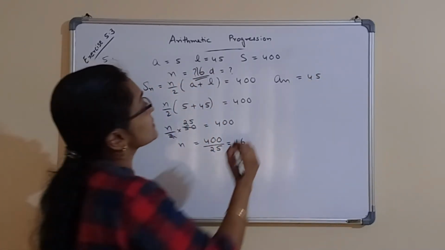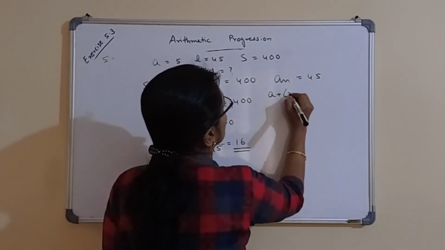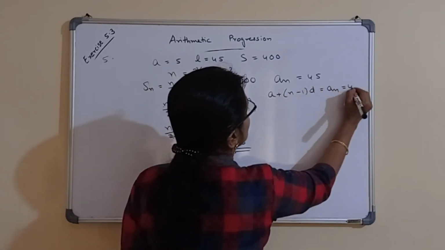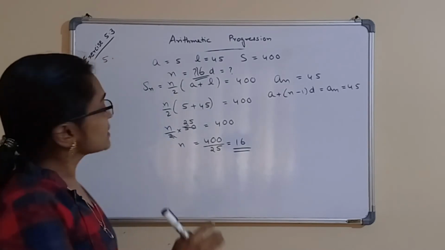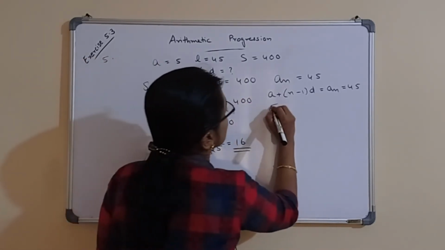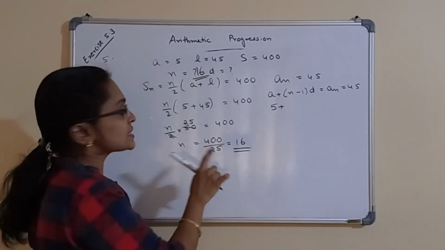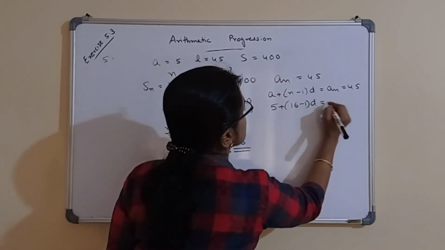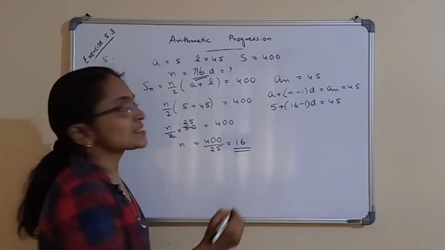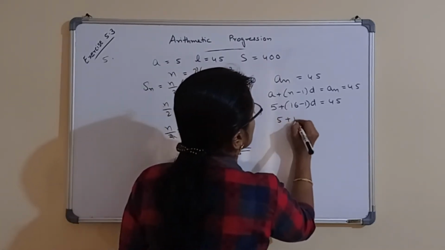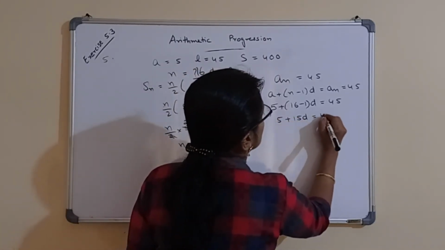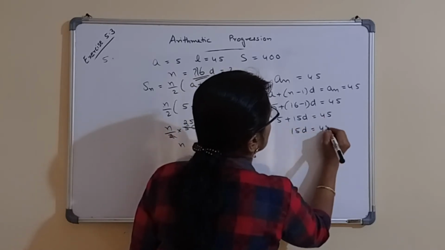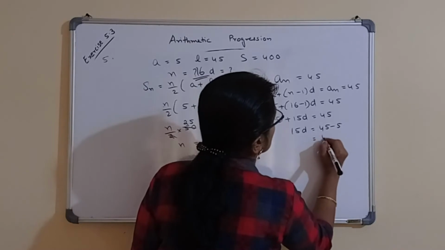And we know that a plus n minus 1 into d is an, which is equal to 45. Now we can substitute all these here. 5 plus, we got n also, which is 16, 16 minus 1 into d is equal to 45. So 5 plus 15d is equal to 45, which means 15d is equal to 45 minus 5, which is equal to 40.